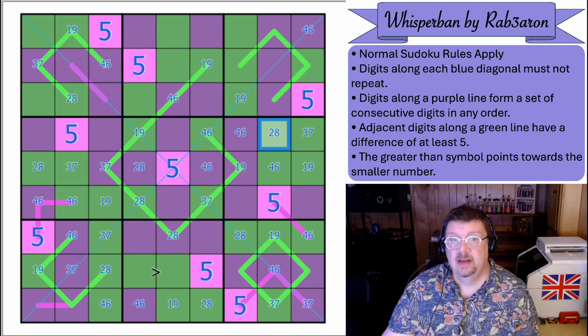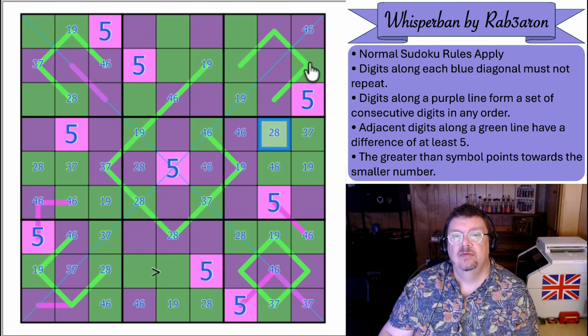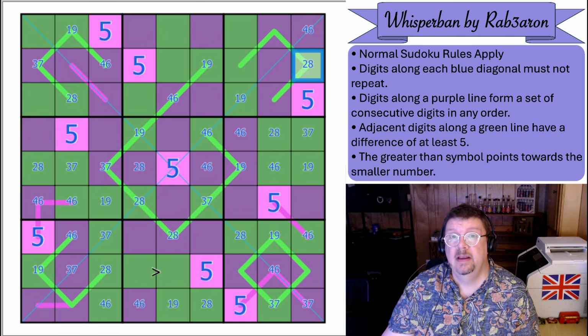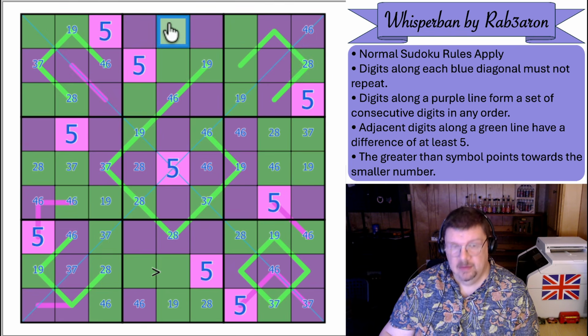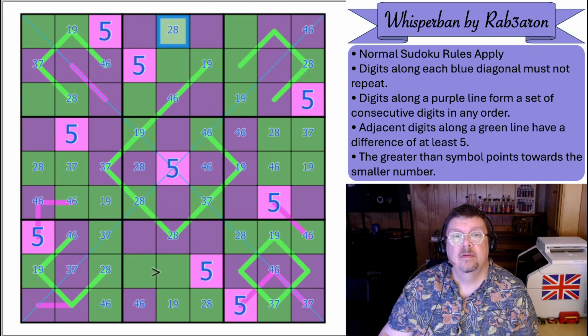This is the green 2, 8. So that's the green 2, 8. That's the green 2, 8. If that were the green 4, 6, this would be the purple 1, 9. Which it can be.